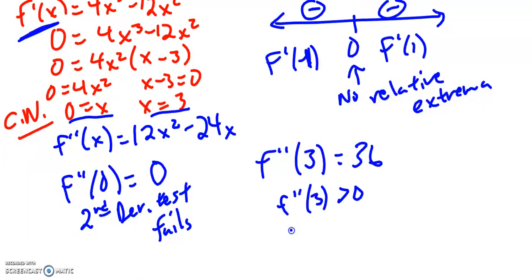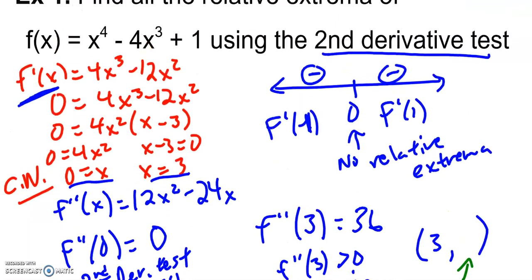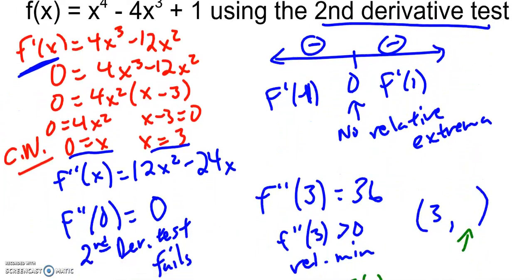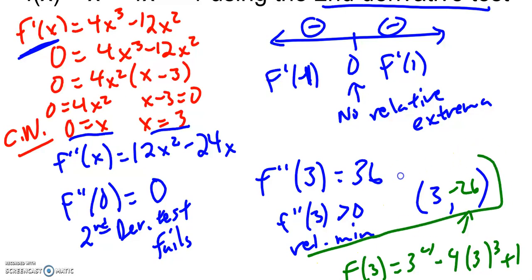And to always find the y value, hopefully you're saying, Mrs. Lindsay, you want to plug it into the original function, always. So it would be 3 to the 4th minus 4 times 3 to the 3rd plus 1. We do our calculations on that, and we should get negative 26. And that is our relative minimum.